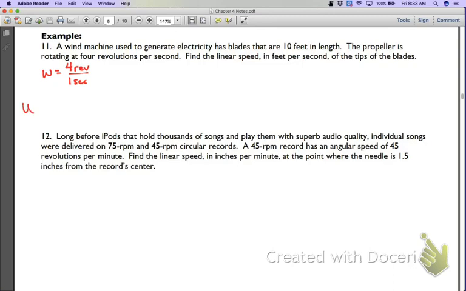I need to turn this into radians, so I'm going to multiply this by 2 pi, because what is a revolution? It's 1 full circle, right? So 2 pi is the same thing as 1 revolution. The revolutions are going to cancel. So what's omega equal to? Just 4 times 2, 8 pi, right?